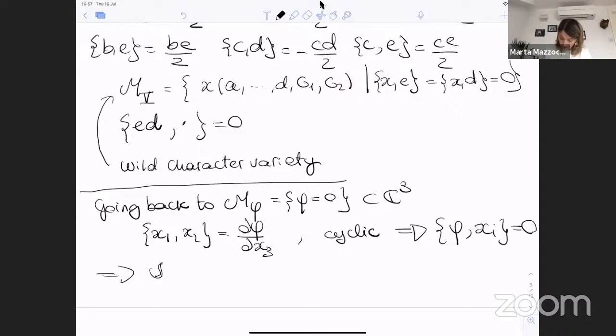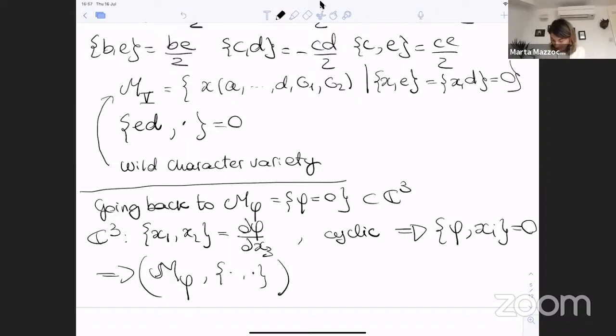So first you can endow C^3 with this Poisson structure, but then thanks to the fact that φ is a Casimir, you can make a Poisson structure on the zero set, on your affine cubic. On this affine cubic we have this structure, and it is a Jacobian Poisson structure.